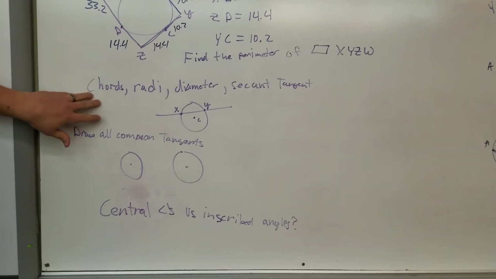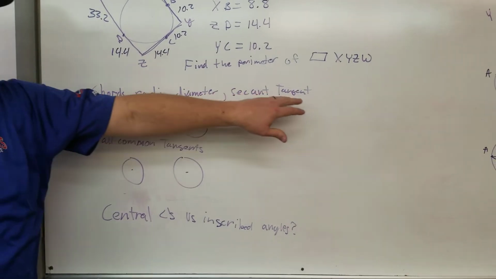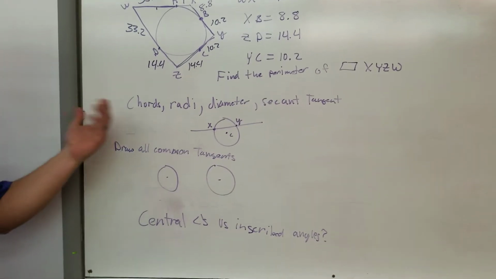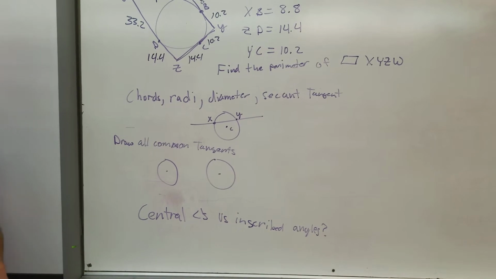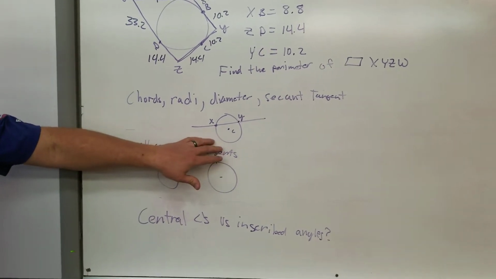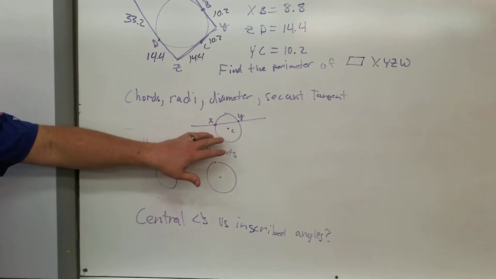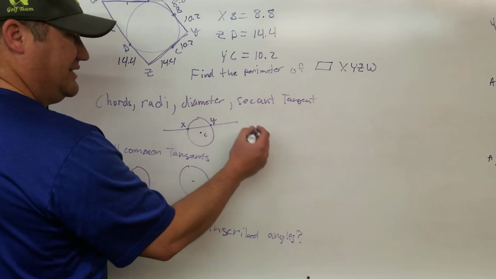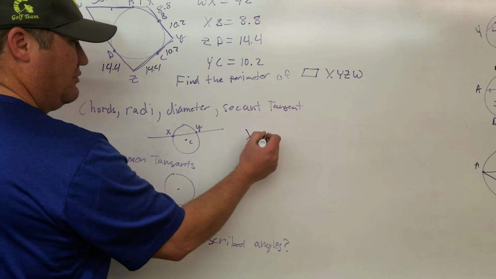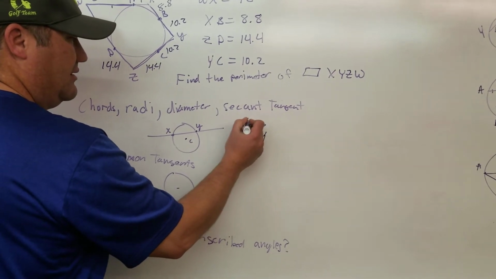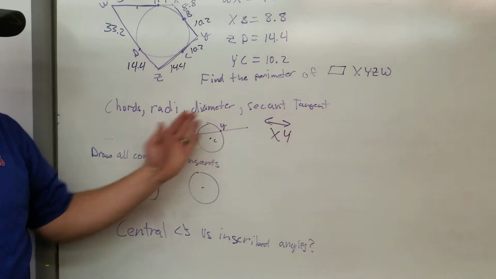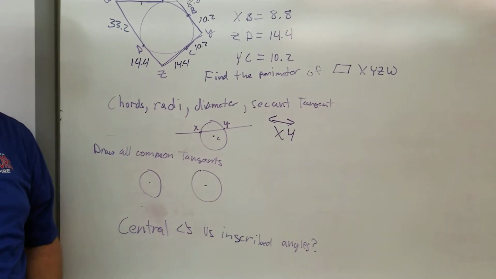Just make sure you know the difference between a chord, a radius, a diameter, a secant, and a tangent. You should have those in your notes. Make sure you do, and make sure you understand the difference between each of those. I just want to explain how you would write a secant compared to a chord. If it asks for the secant, you should say XY with a line over it that extends, because the secant extends through the circle.